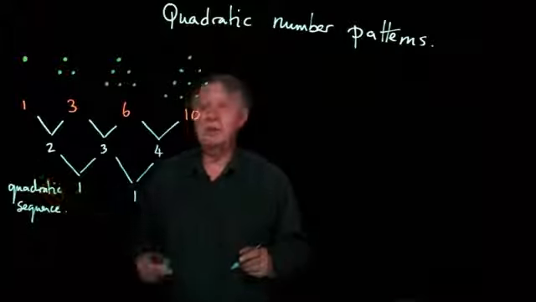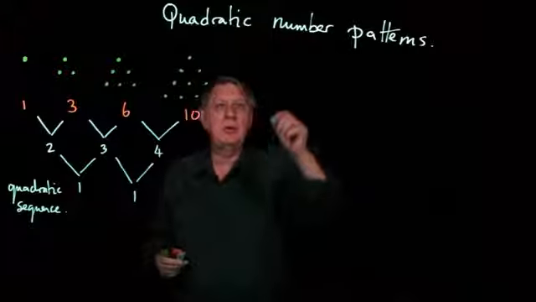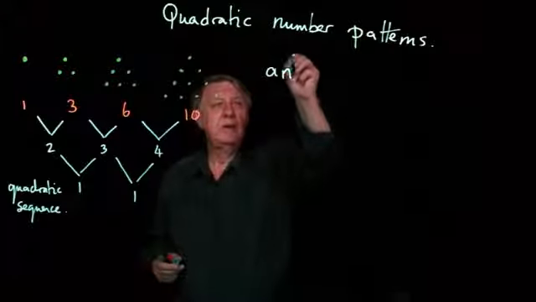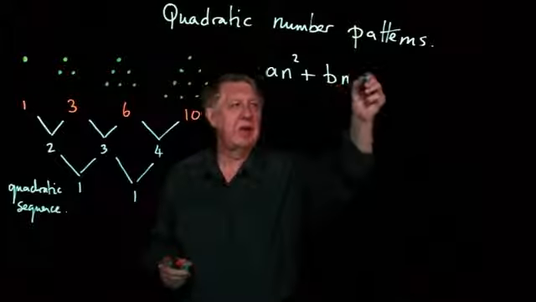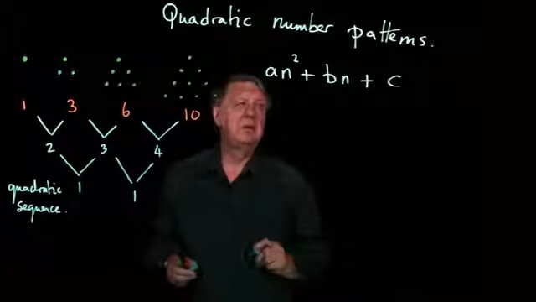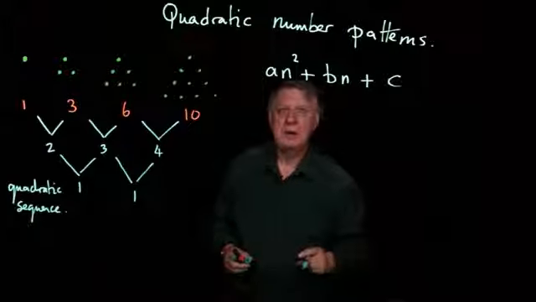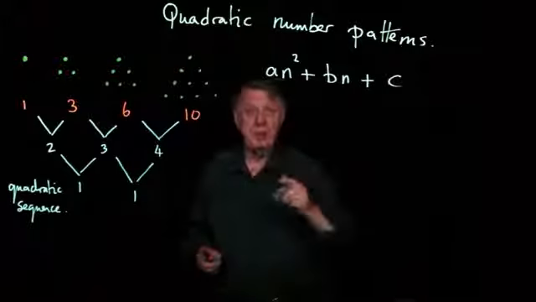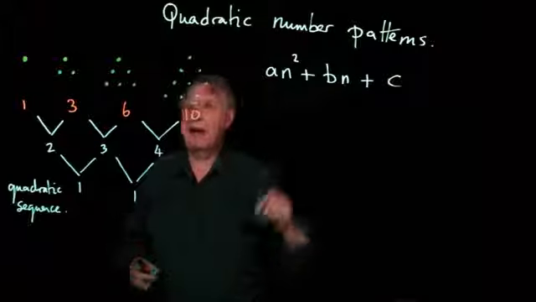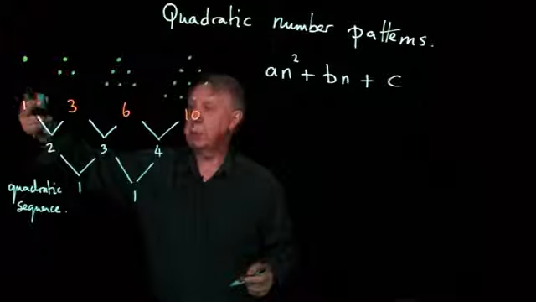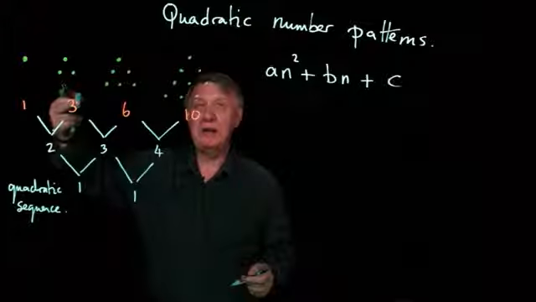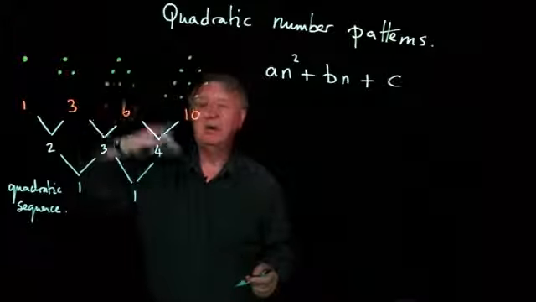The fact that it's quadratic means that the equation will be something times n squared plus something times n plus c. In other words, our quadratic formula, where n stands for which number. So n equals 1 is the first number, n equals 2 is the second number, and so on.